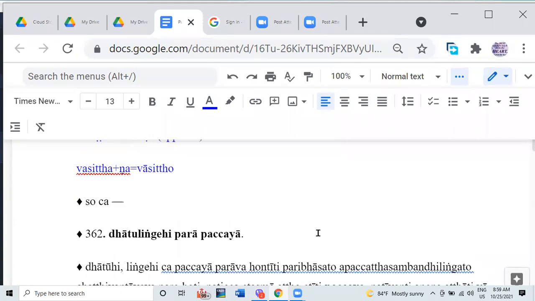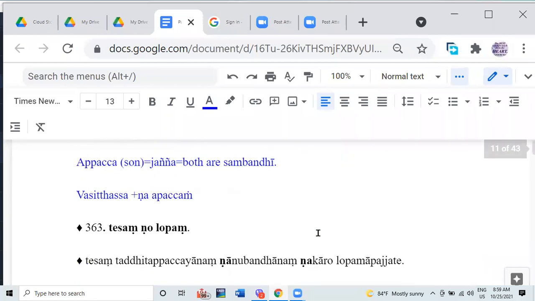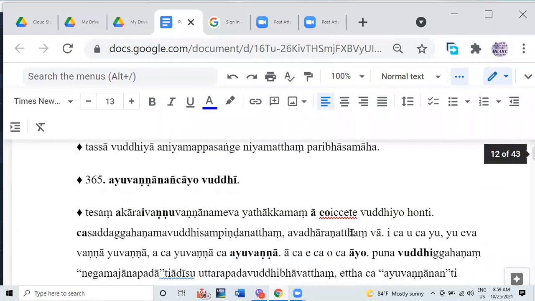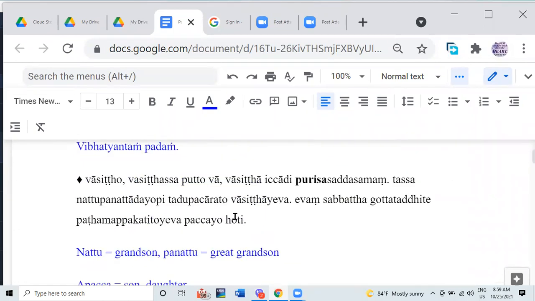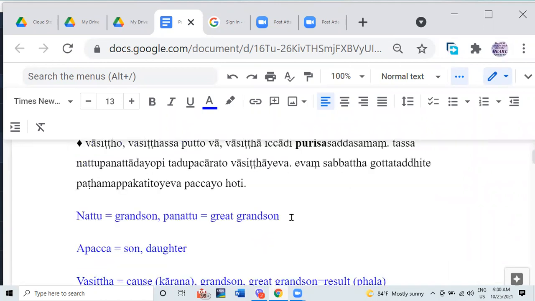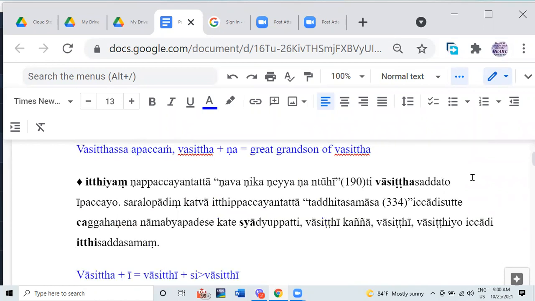Vasiti, Vasito. Other times we have to add the i suffix. This is in the Nama chapter of Padarūpasiddhi, the rule Navanika Neya Nandu. After Vasita and so on, we add the feminine suffix, i pajayo.